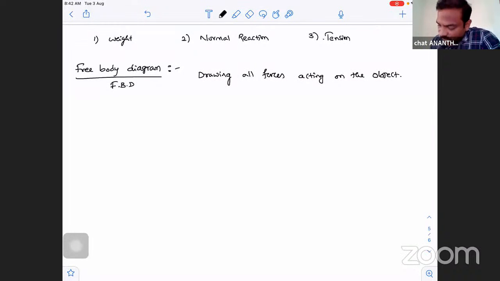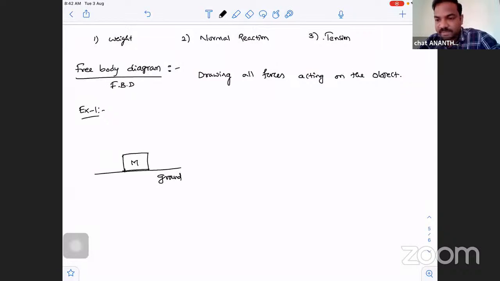Let us see. Example 1. Suppose there is a ground. On the ground, I kept a block of mass m. Now I want to draw the free body diagram of the object.